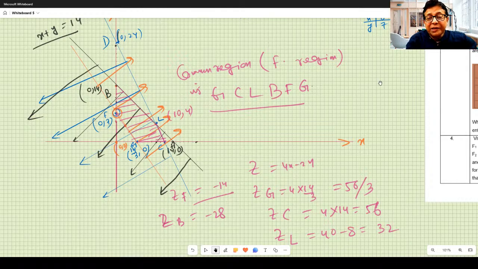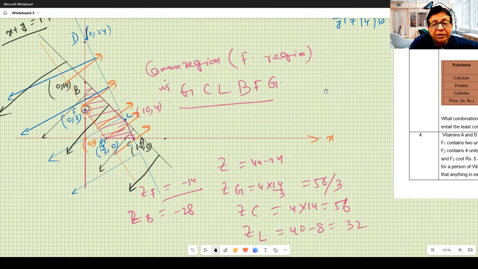Okay, but for minimum value, which one do you need to consider? No negative value, please. For minimum, what you are going to consider? Out of these, minimum most value occurring there or here.